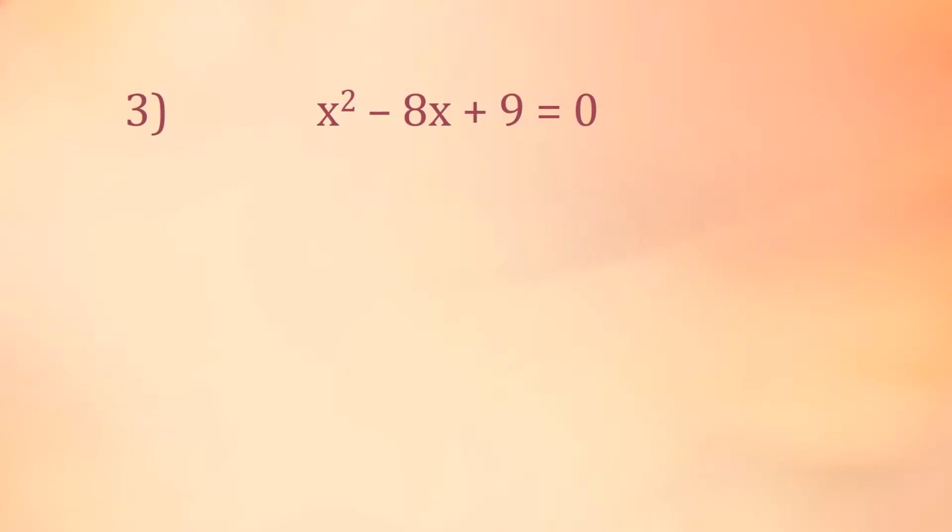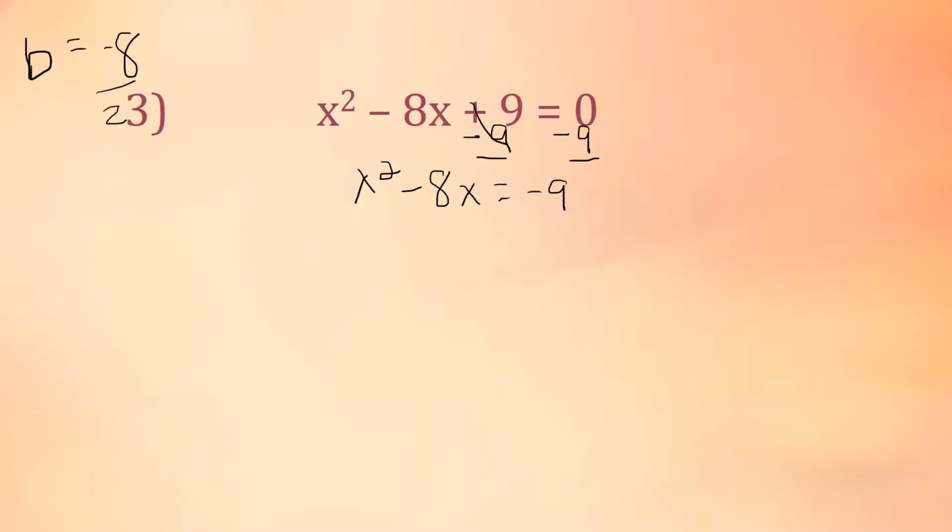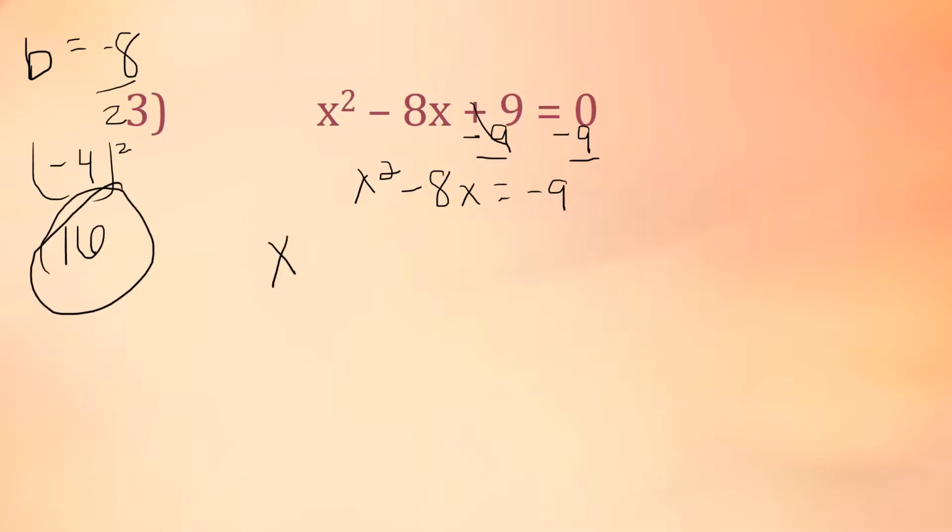Okay, so let's work on example 3. I see that my C is not on the right, so I'm going to get it over there. Okay, I'm going to deal with the B. So my B is negative 8. I'm going to take half of that, and that gives me negative 4. I'm going to square that, and it gives me 16. So this is the number that I have to add on to both sides.